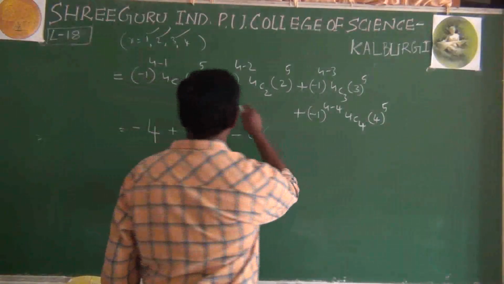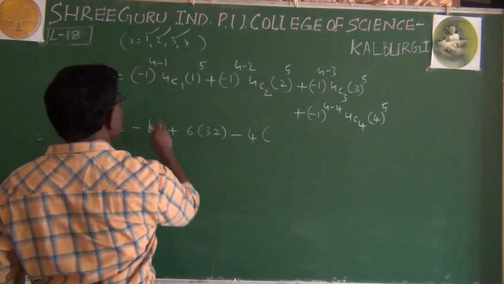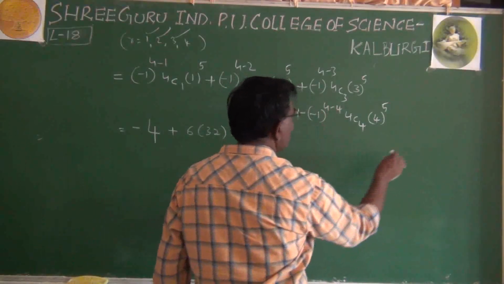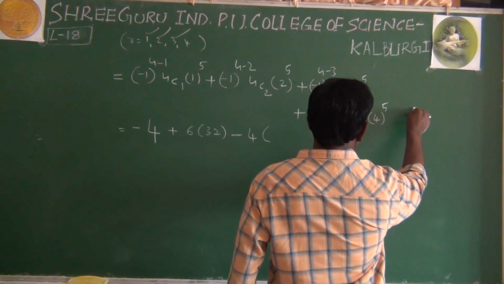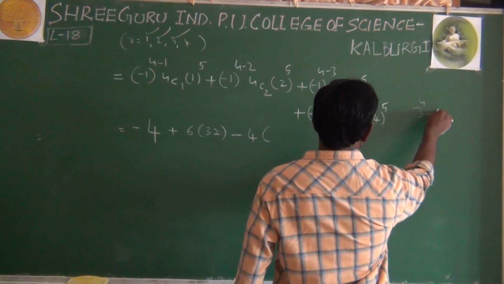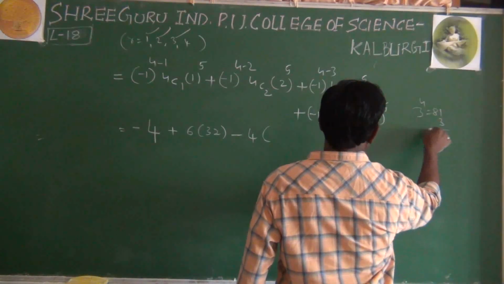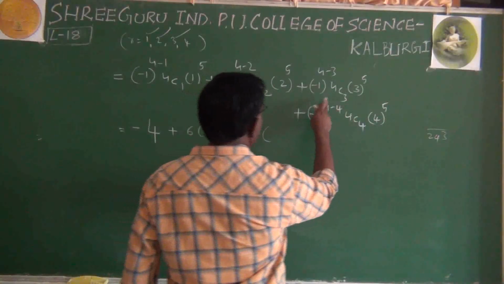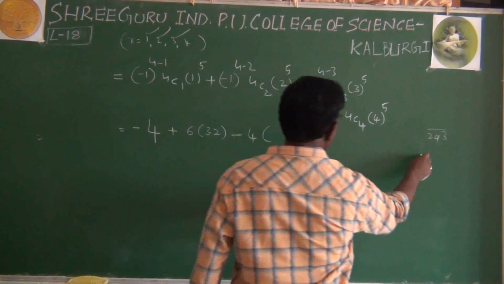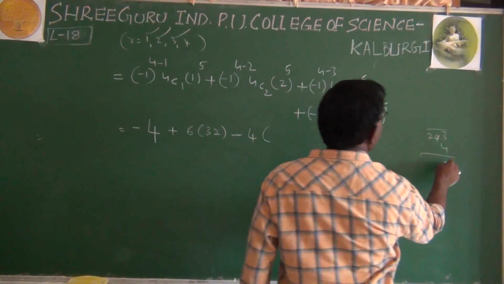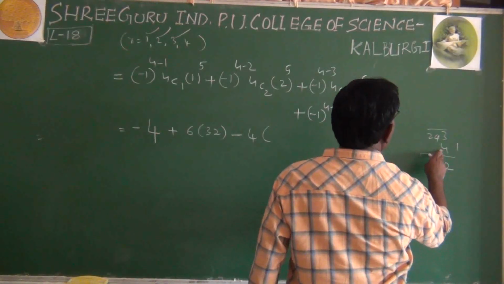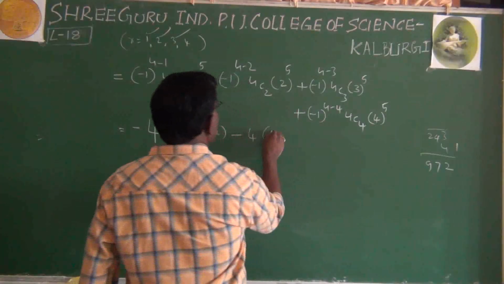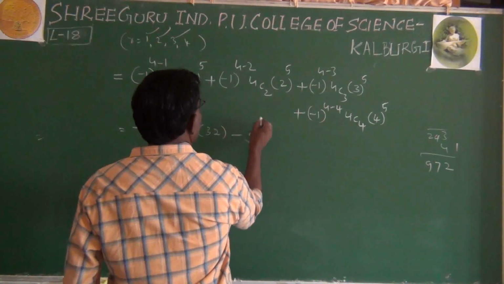Okay, this is correct, and this is 6 into 32, and this is very important. What is 4c3? 3 to the power 4 is 81, and 81 multiplied by 3 is 243. And it is 4 into 243: 4 times 3 is 12 carry 1, 4 times 4 is 16, 17, so totally 972.